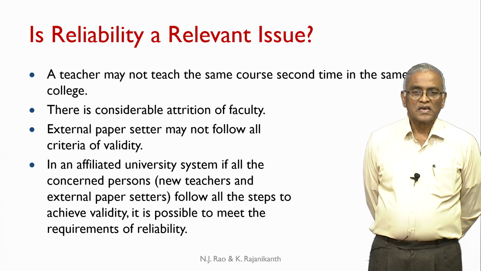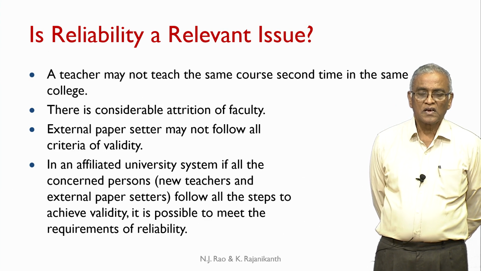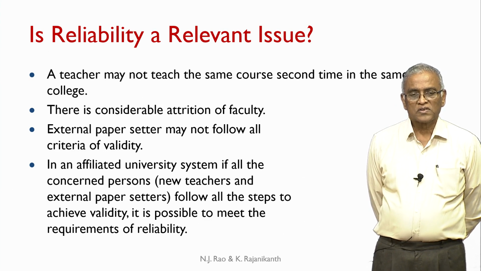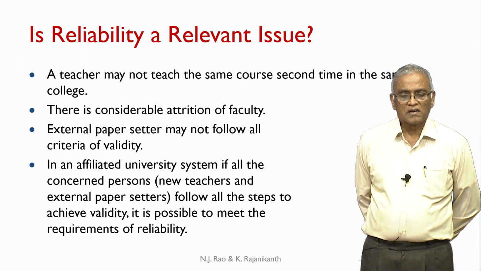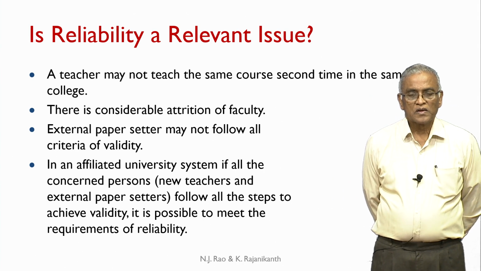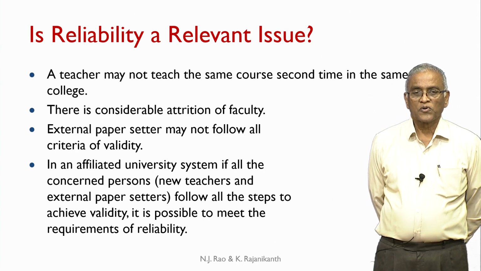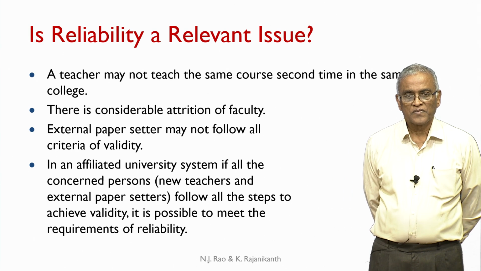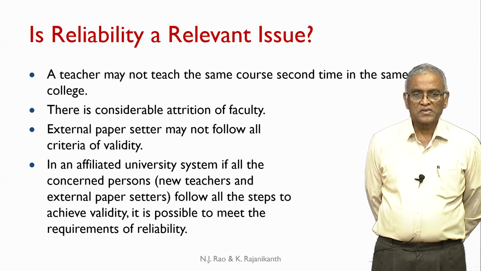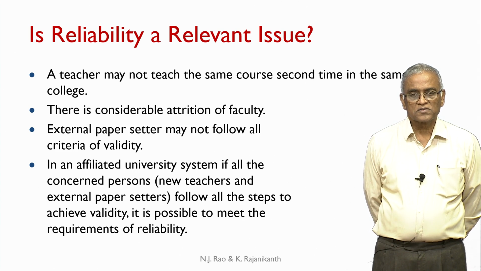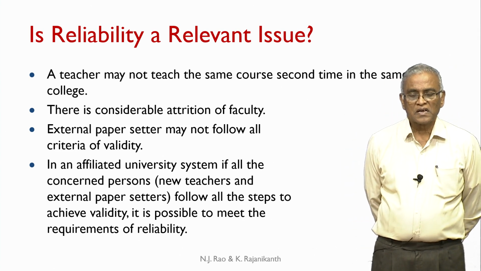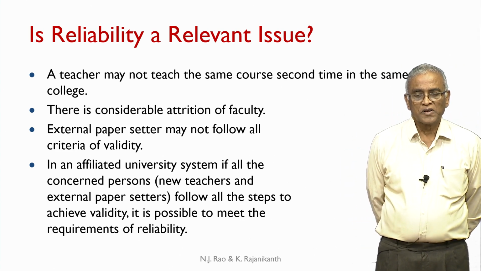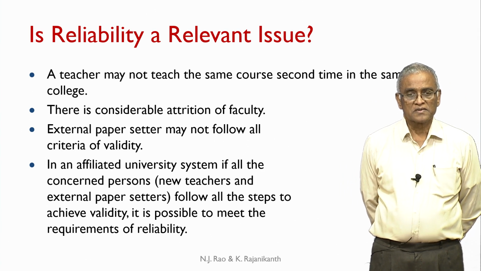Also, if a teacher is giving a given course over several years, then it makes a difference. But in a given institution, a teacher may not teach the same course a second time in the same college, because there is attrition of faculty from an institute, people keep leaving and new teachers join. In that case, a course may be given by different people in different years.